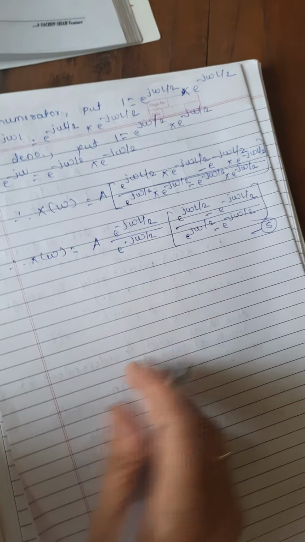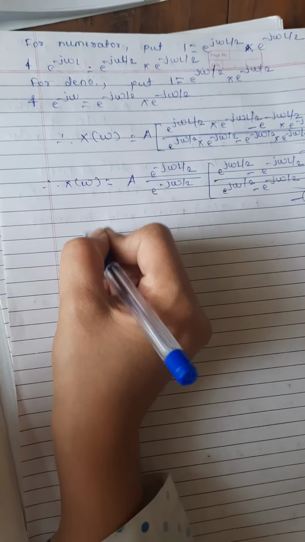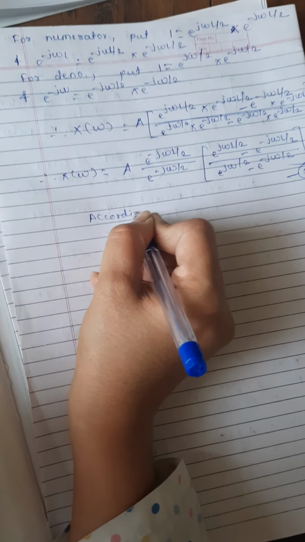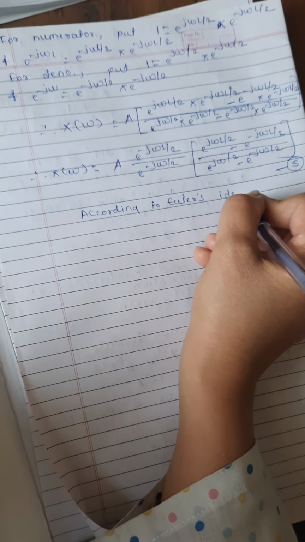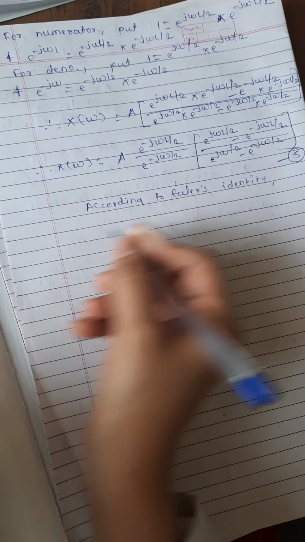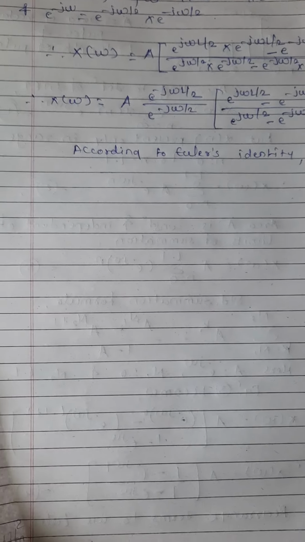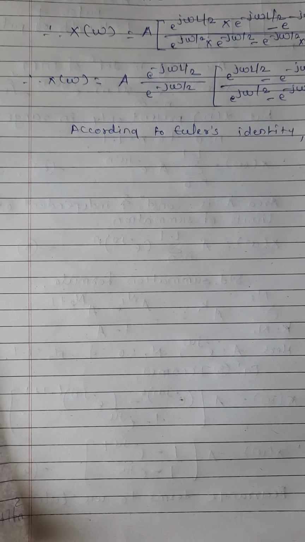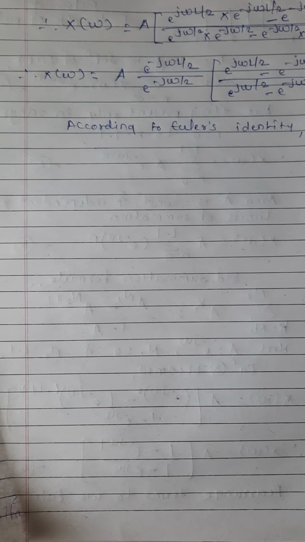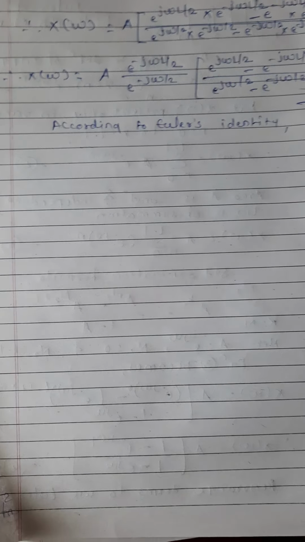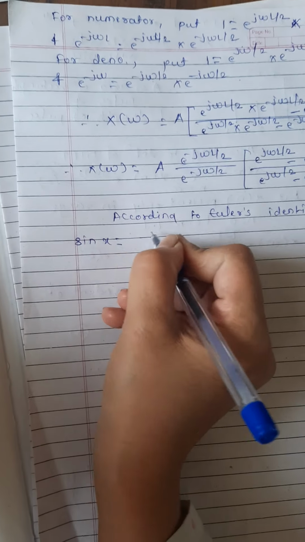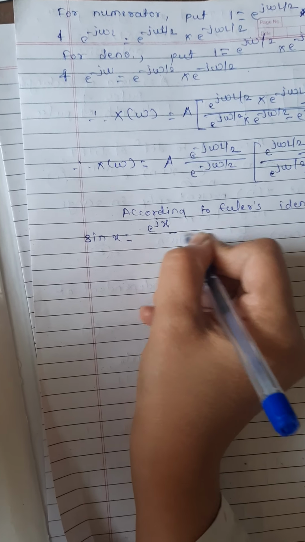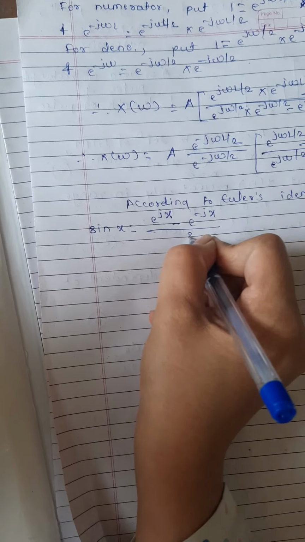This is equation number 5. So next, according to Euler's identity, we can write sin x is equal to e raised to jx minus e raised to minus jx divided by 2.